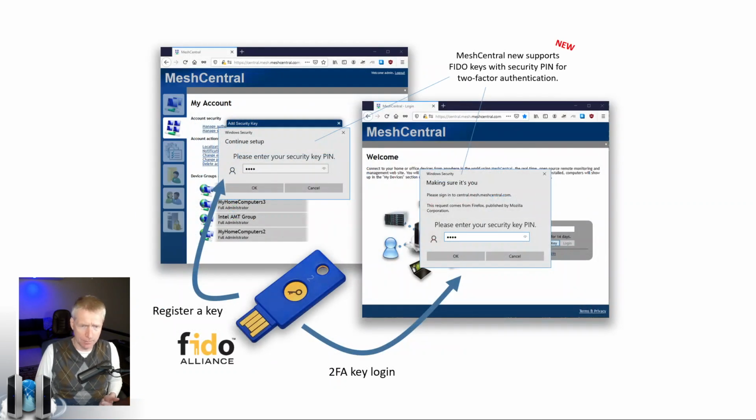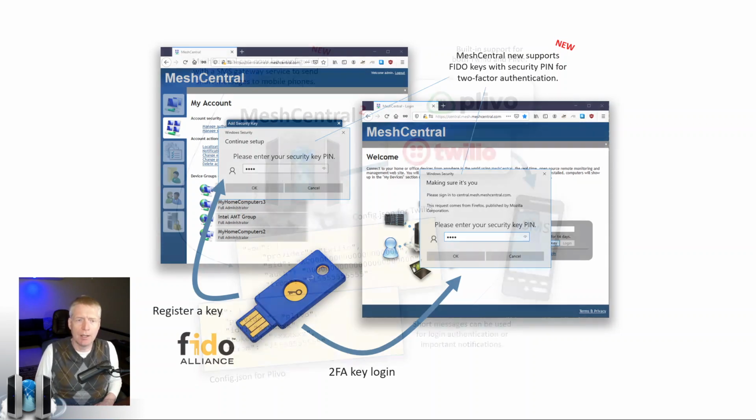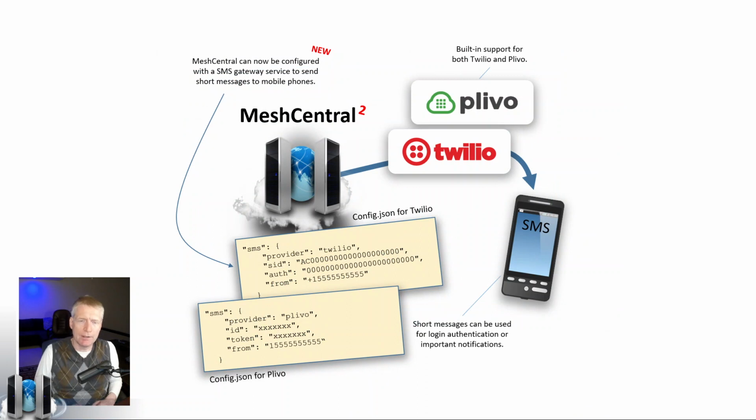For FIDO, you buy this USB key, usually $15 to $20 on eBay. You keep it on your keyboard, and every time you need to authenticate, you can just tap the key. Some keys will have a PIN, so you type the PIN and you say OK, and it authenticates you. In addition to all this, we also support SMS authentication and SMS messaging.